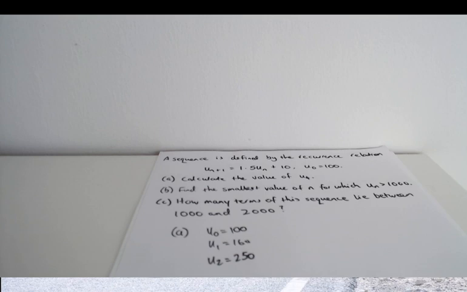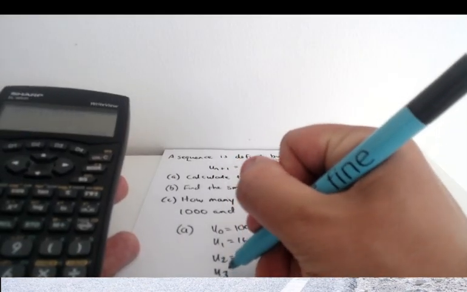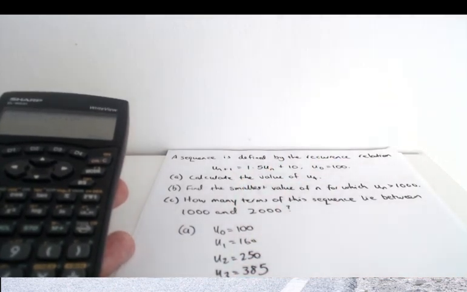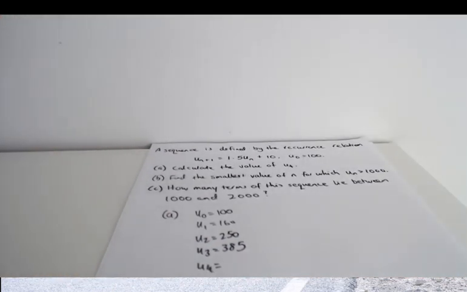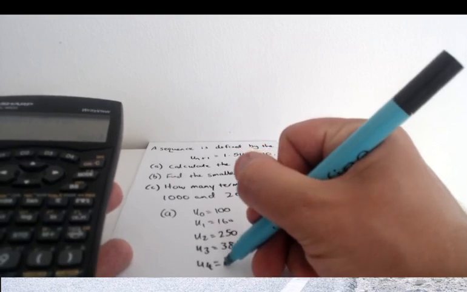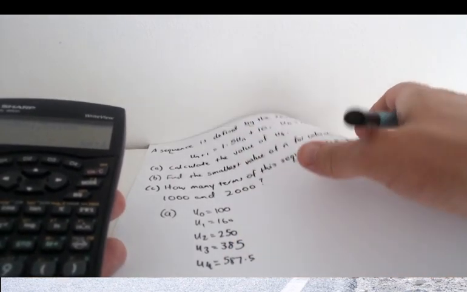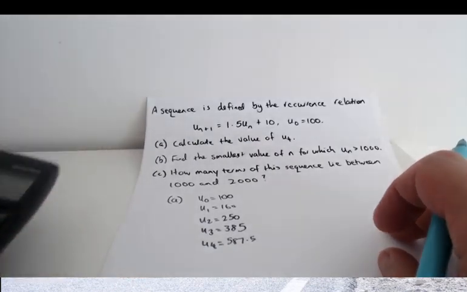Always important to hit the right button, people. If you hit the wrong button, you'll get the wrong answer. Okay, U3, back in the game, is 385. U4 is 587.5. Let's go with 0.5 this time rather than a half. Let's just keep you on your toes.